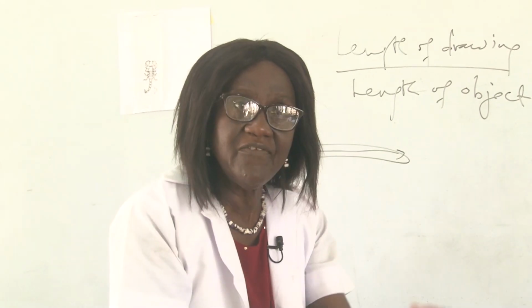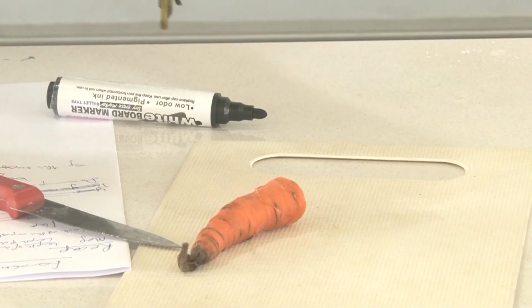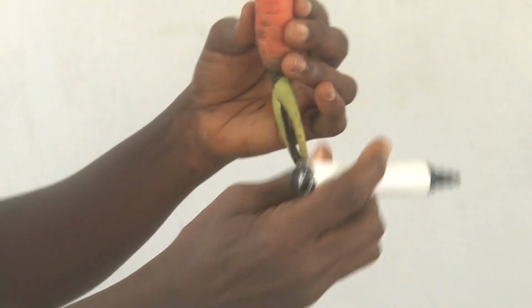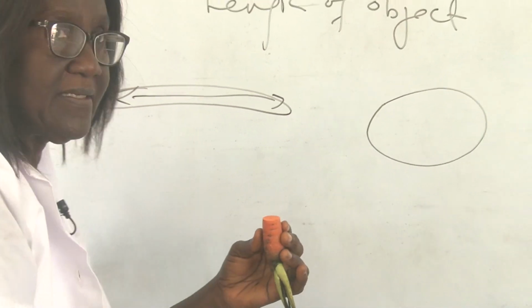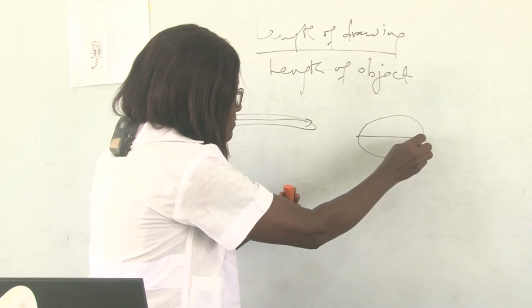Now, what about if this is cut, and I draw the width. All right? So therefore, I draw the width as this.